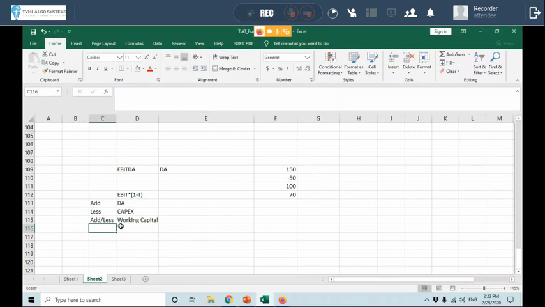Now, whatever amount is available after all this is called free cash flow to firm. Basically, this is the cash that the business is generating after their day-to-day expenses and after their capital expenditure.